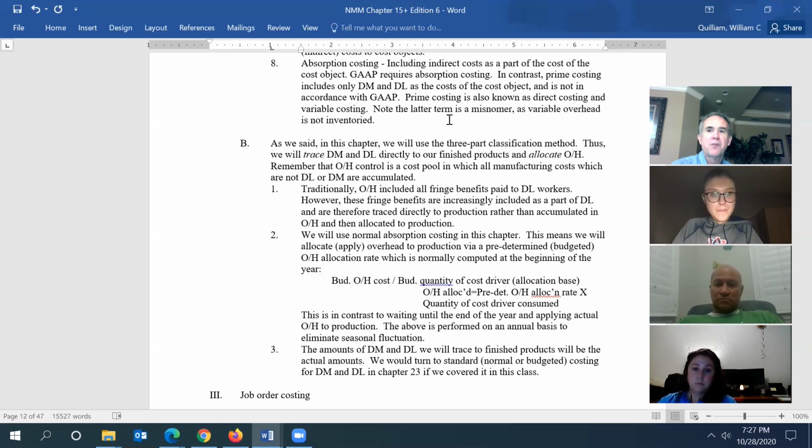But if we think about fringe benefits, we can usually accurately predict the amount of fringe benefits per hour of direct labor. So let's say that we have a direct labor worker who is earning $10 per hour. And any ideas to how much fringe benefits may be in terms of a percentage? Anybody want to take a guess?